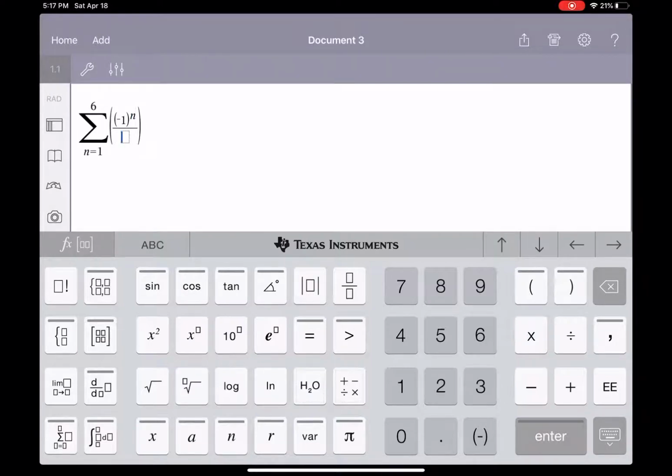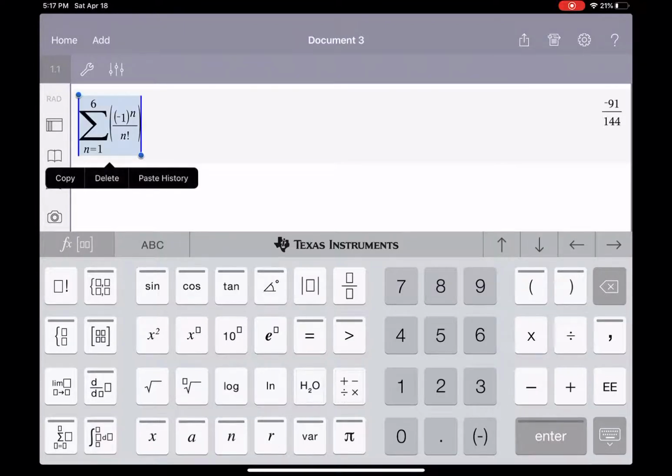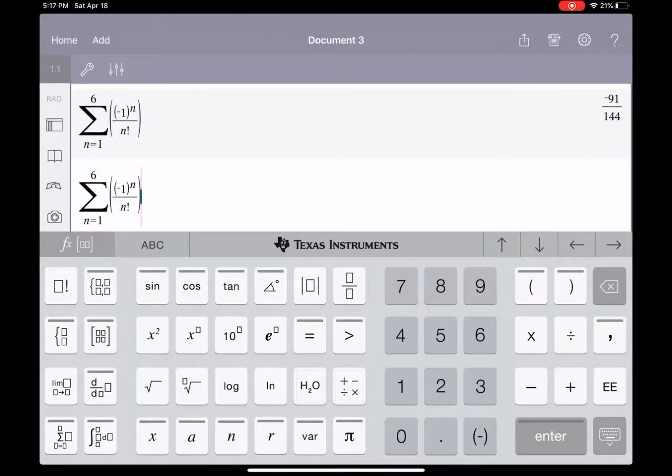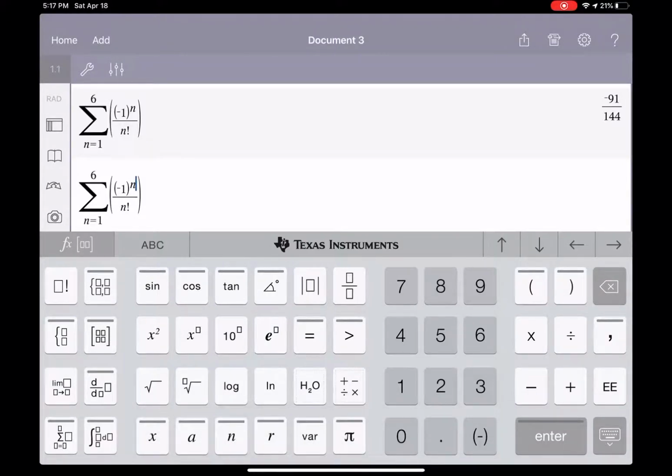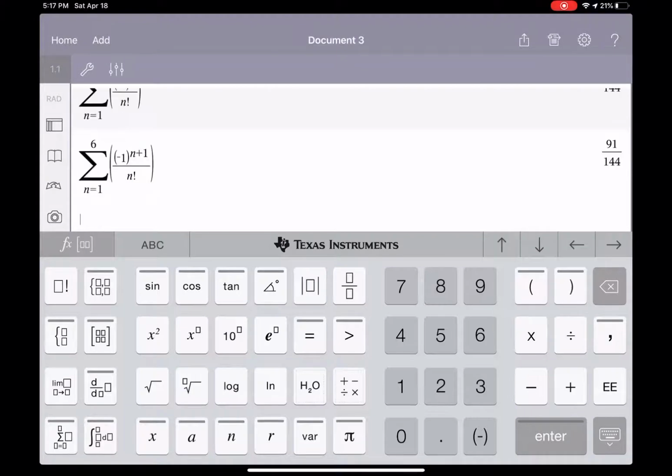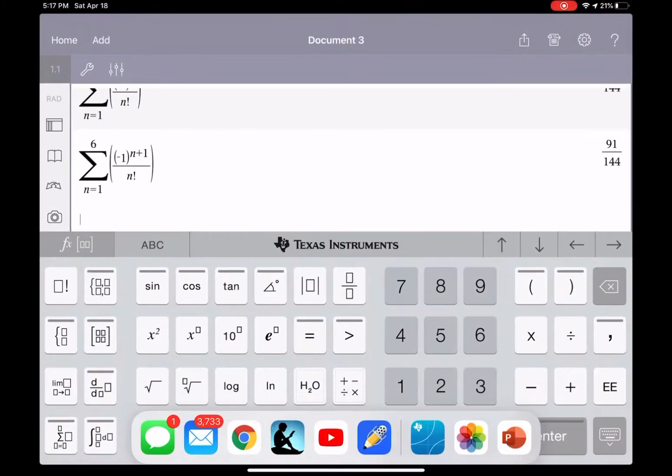And then go down here to the bottom and make that n factorial. And then let's hit enter on that one. Oh, wait a minute. I think the exponent on this was supposed to be n plus 1. That's a negative. It should have been positive. All right, so copy and paste it, and this exponent is wrong. I think it was n plus 1. Yeah, that's what it is. So plus 1. Enter. Okay, that's better. All right, so 91 over 144.